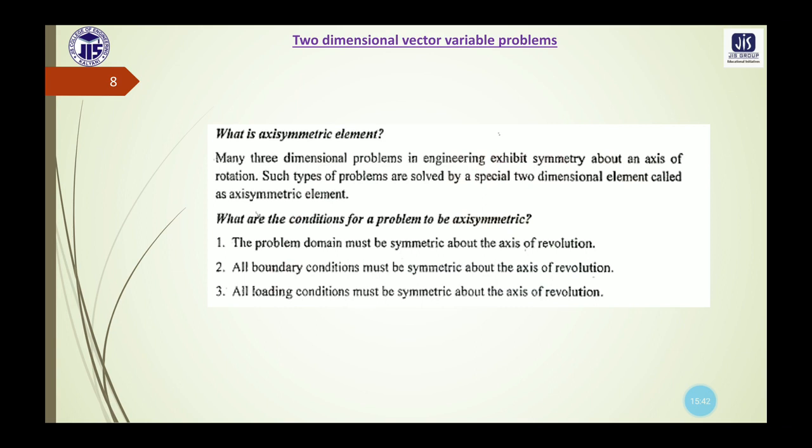So different questions regarding these 4 different modules we will discuss just now. First, we have the definition of the axisymmetric element. This definition we have discussed in this fourth module only. Many three-dimensional problems in engineering exhibit symmetry about an axis of rotation, and such type of problems are solved by a special two-dimensional element called an axisymmetric element.